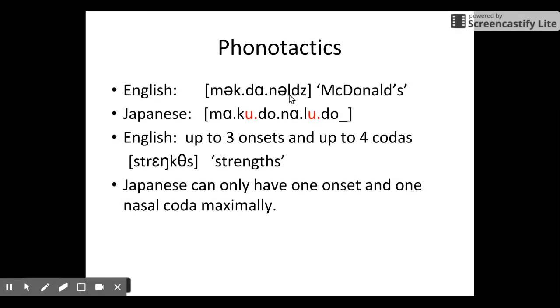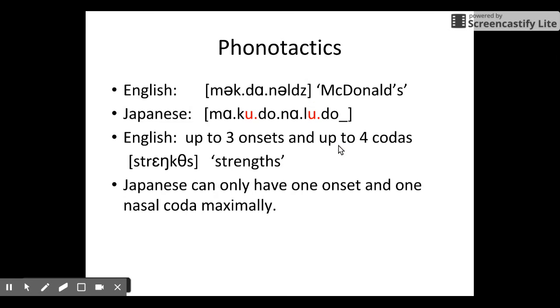And here we have a consonant cluster. We have 3 consonants in a row. So we can add vowels, so it becomes an independent syllable. Add another vowel, so it becomes an independent syllable. And for this sound, Japanese just simply deletes the final consonant.